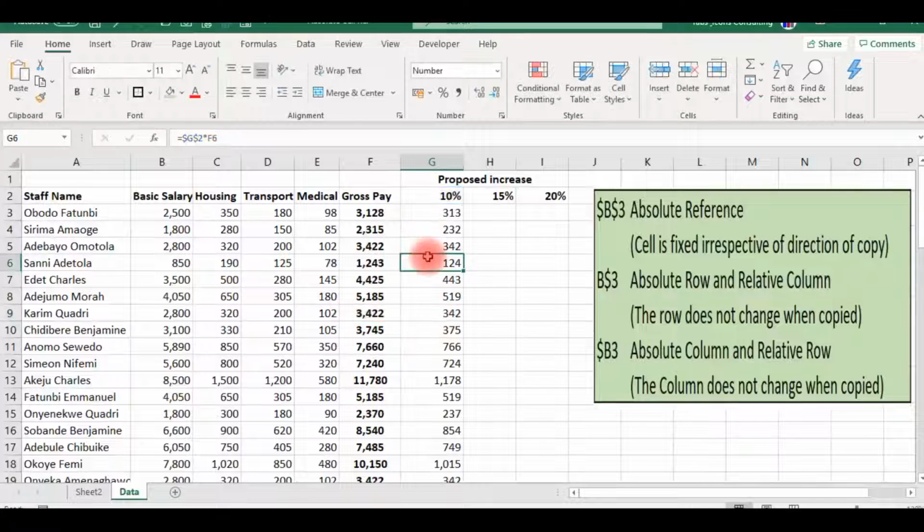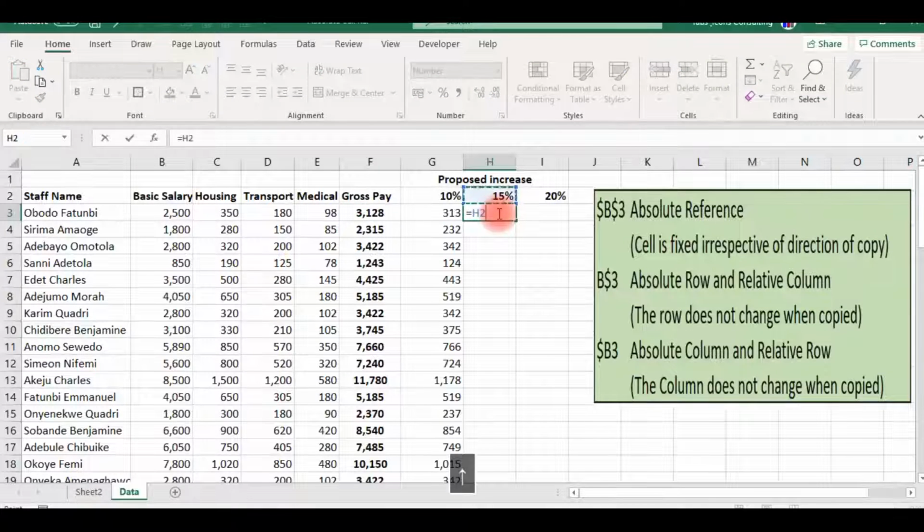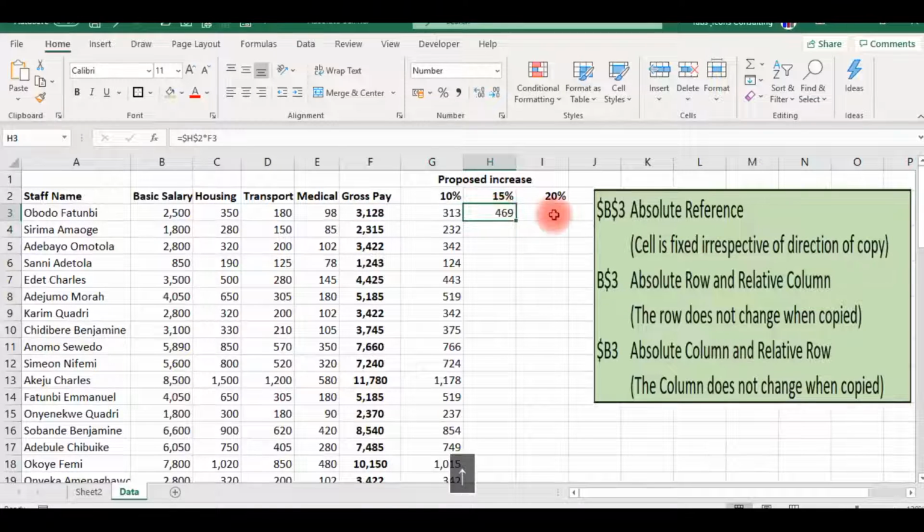So I have an absolute reference to this particular cell G2. Now, if I come to this place, I'll be referring to 15 multiplied by this, which means I have to do this again by taking 15 and I hold that fixed multiplied by this and I copy down and I come to this place and do the same thing.